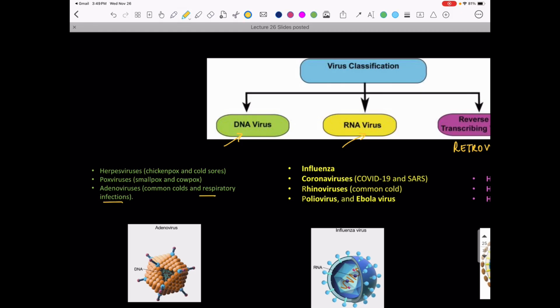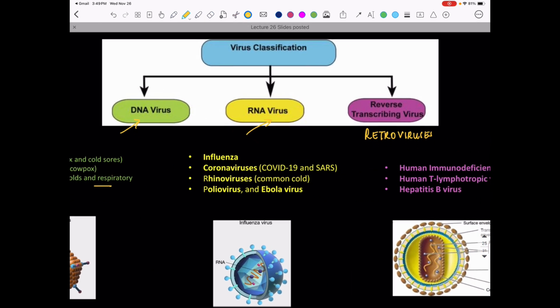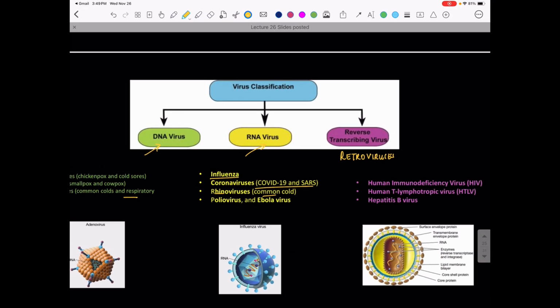Now, the RNA viruses cause influenza or COVID-19 and SARS. The rhinoviruses, rhino meaning nose, affect the respiratory system. Poliovirus or Ebola virus is also a type of RNA virus where the genetic material is made up of RNA. And we have the retroviruses.